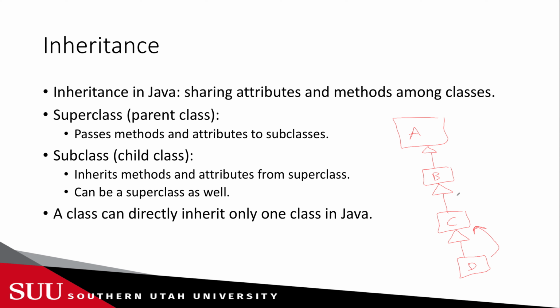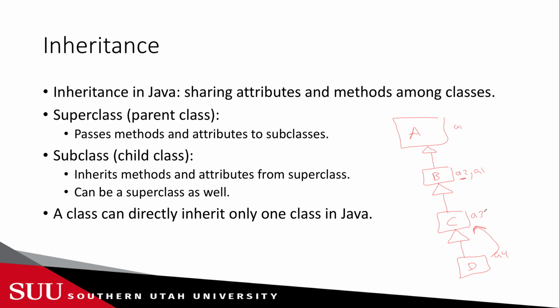But then if we look at the chain, say I have an attribute 1 defined on A, and I have an attribute 2 defined on B, and on C I'm defining attribute 3, and on D I'm defining attribute 4. By default, B is going to define attribute A2, and then it's going to inherit A1.